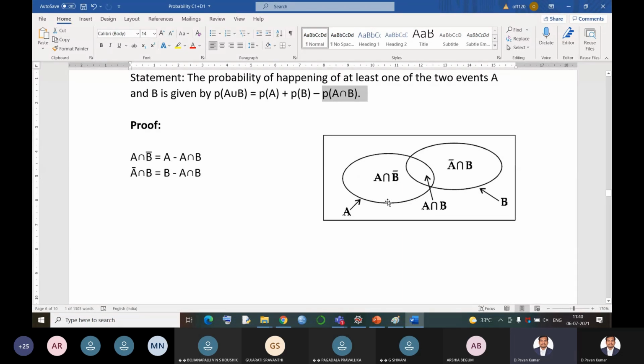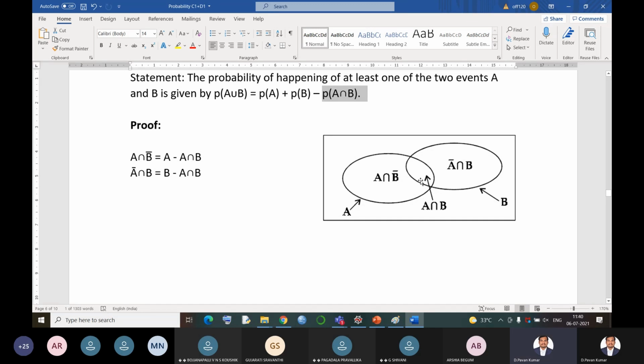That means two events, A and B, and there is some intersection part for both A and B also existing over here. This is not a perfect circle, this is an elliptical shape. The first elliptical shape is A. The second elliptical shape is B. And there is some common part for A and B, and that is called A intersection B.